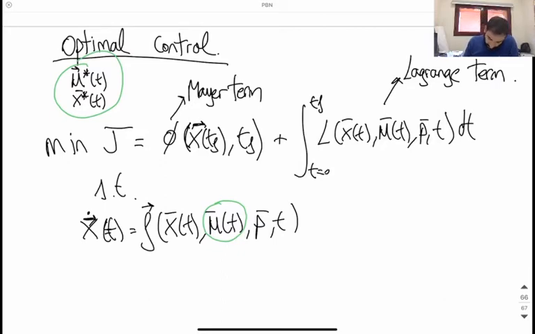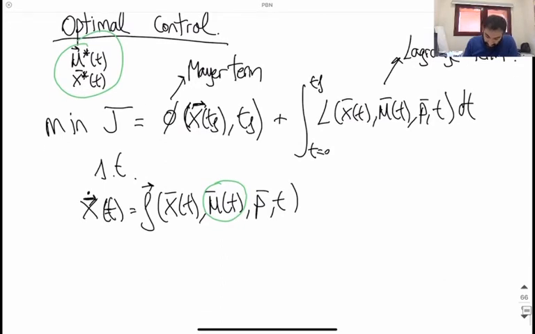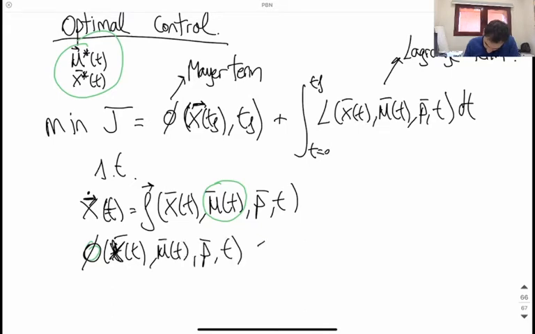Now, these differential equations are subject to some sort of phi of x(t), u(t), p, time lower or equal than 0, right? So I might have equality constraints, inequality constraints. So in the end, it's a constrained optimization problem.